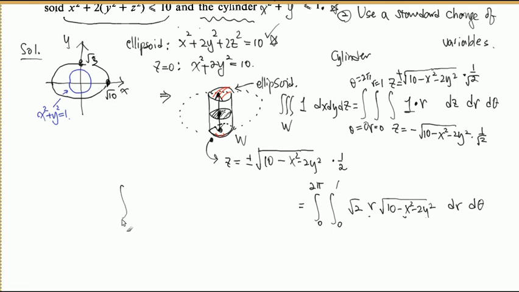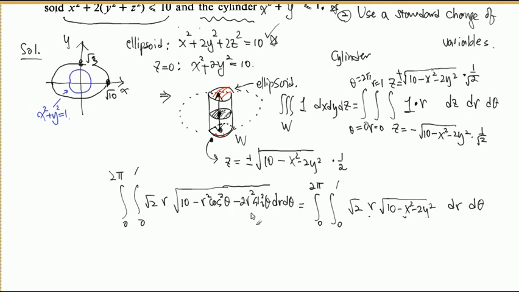So, how's the last bit? The 2 pi in there, and the 0 to 1, square root of 2 r, and what we do in there? We change that to 10 minus r squared cosine squared theta, right? Minus 2 times r squared sine squared theta, correct? And then inside there's a dr d theta.